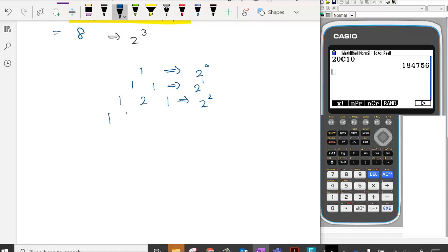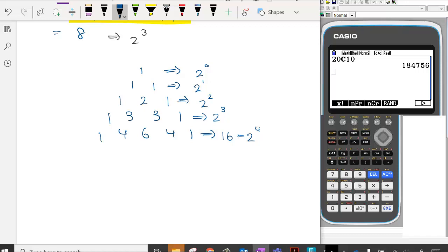We then looked at 1, 3, 3, 1. That's 2 to the power of 3. And that next line, 1 plus 3 is 4, 3 plus 3 is 6, 3 plus 1 is 4. When we add them all up, 1 plus 4 is 5, plus 6 is 10, plus 4 is 14, plus 1... that gives 16, which is 2 to the power of 4.